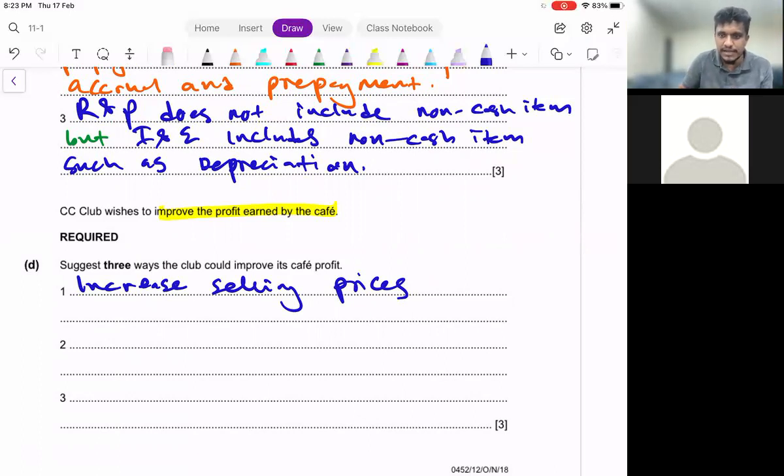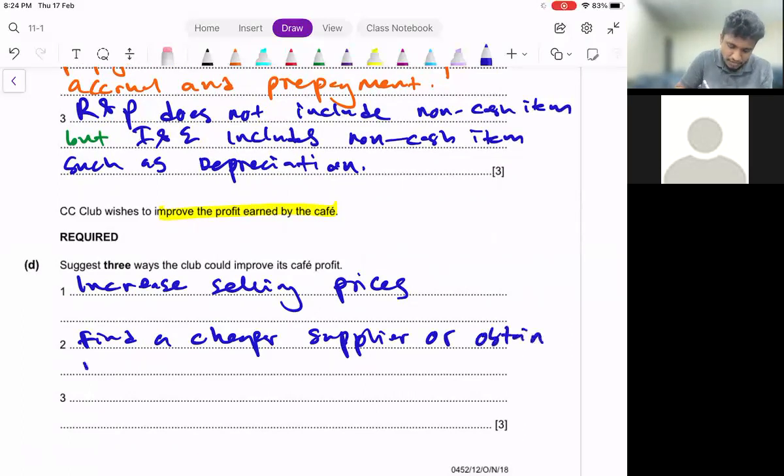Or another one you can say, find a cheaper supplier, or obtain a discount from the supplier. If you buy at a cheaper price, you can sell at the same price, so you still can make more profit.